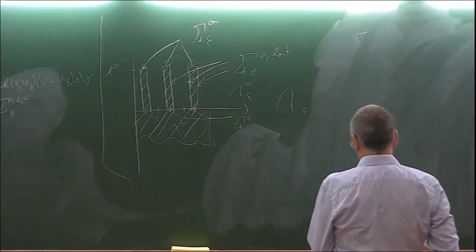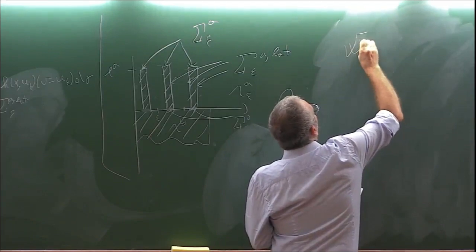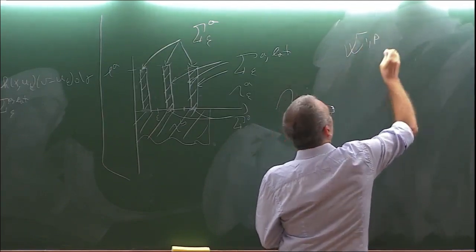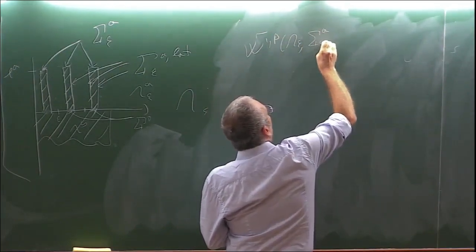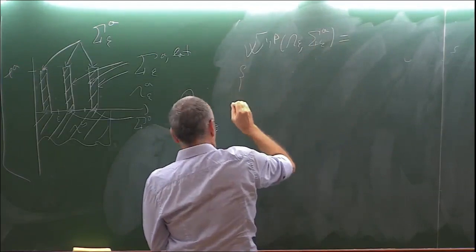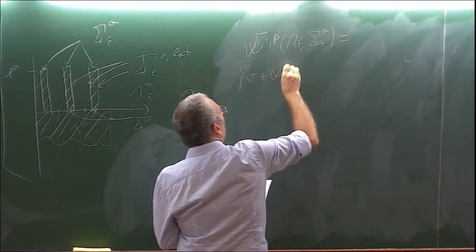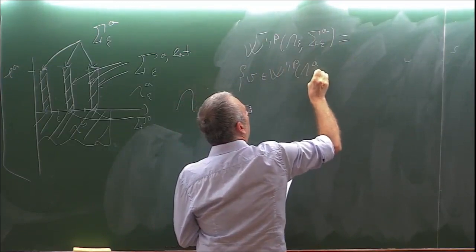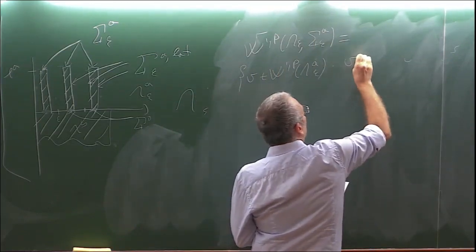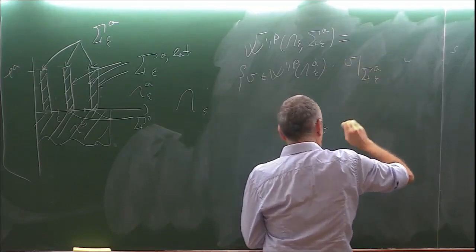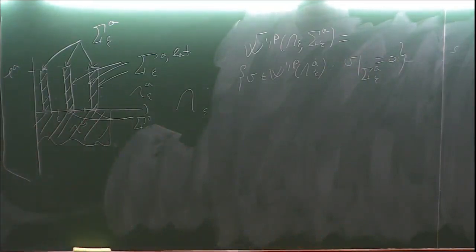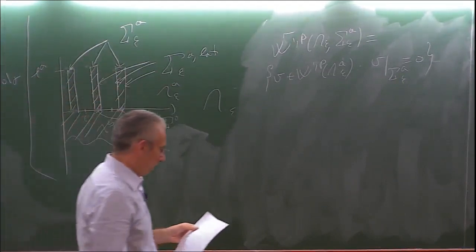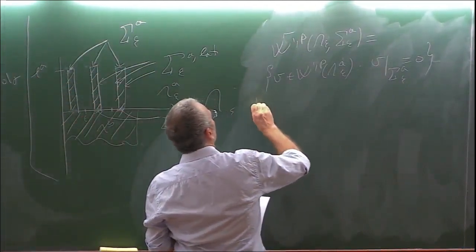Let us set W^{1,p} of omega A epsilon with sigma A epsilon, the set of v in W^{1,p} of omega A epsilon such that the trace of v on sigma A epsilon equals 0. Then these are the functions in W^{1,p} of omega epsilon such that the trace is 0 here. We can prove this proposition.